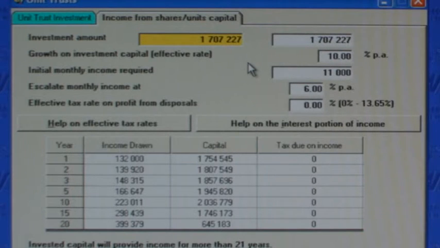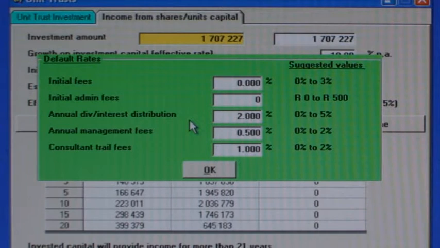This 11,000 Rand monthly income is 11 times what the investor paid in contributions in the beginning when the investment started, and the 11,000 Rand a month increases at 6% per annum to keep pace with inflation. Let's have a look at the default rates in this calculator. I think most brokers will go along with the costings and fees I'm using here, but you can change these settings in the calculator to whatever you wish.